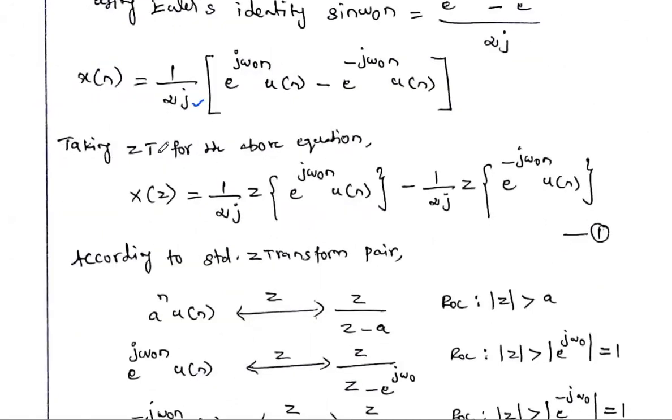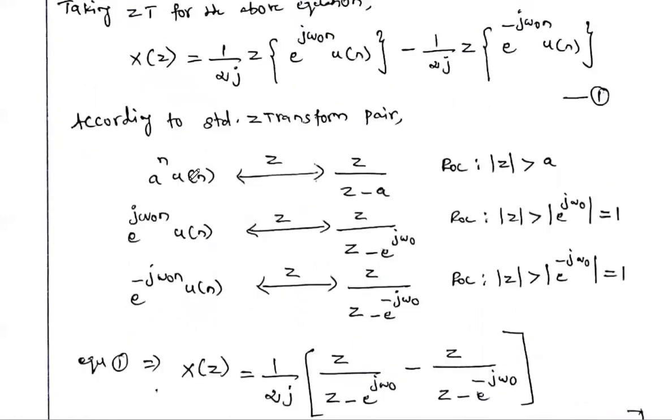So taking Z transform for the above equation, we get the total Z transform equal to 1 by 2j into Z transform of the first term minus 1 by 2j into Z transform of the second term. Okay, so already you know e power j omega naught n u of n. What is the Z transform answer?